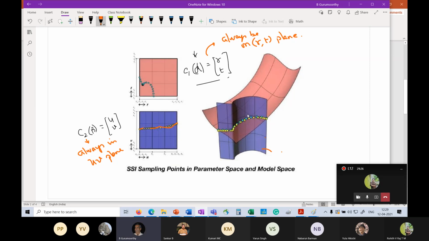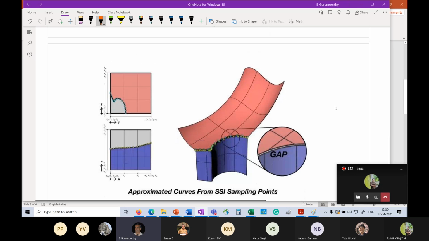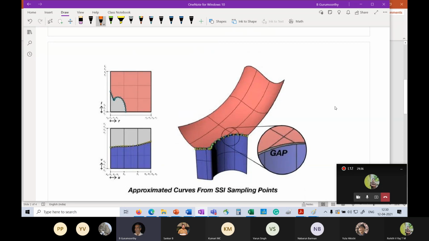But I have two curves of intersection, one lying on the red surface and one lying on the blue surface. And that's what is marked out in the next case here. So supposing now you project the curve you fit in this parametric space onto its corresponding surface, and the curve you fit here, which is the UV space, and map it to this, you get these points.